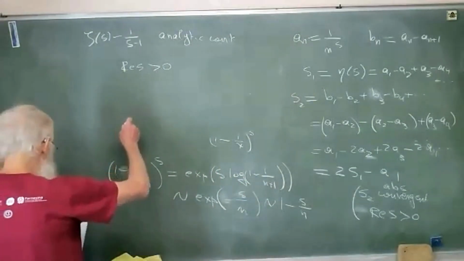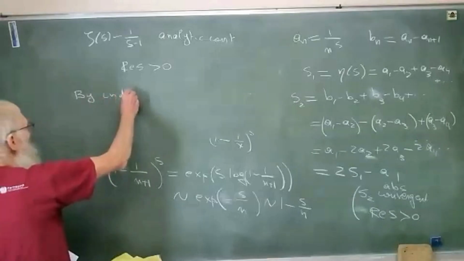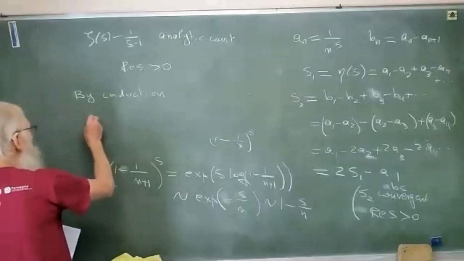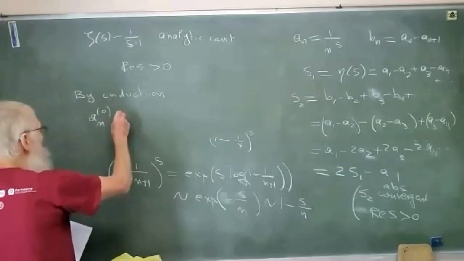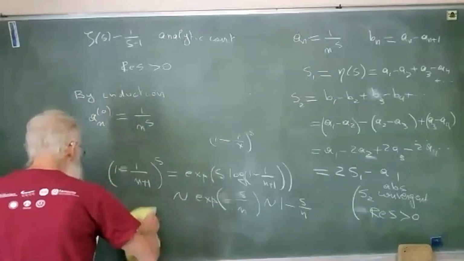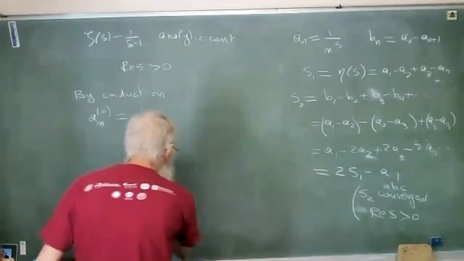So we continue by induction. What we write is we define an0, which depends on S, as 1 over n to the S. And by induction, so this was my an before.